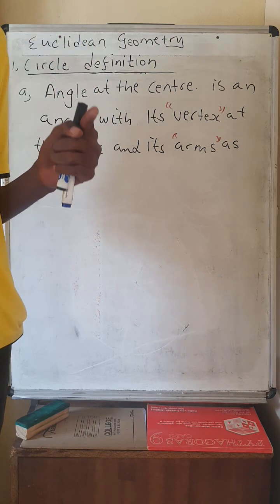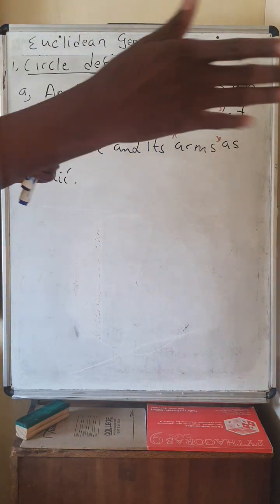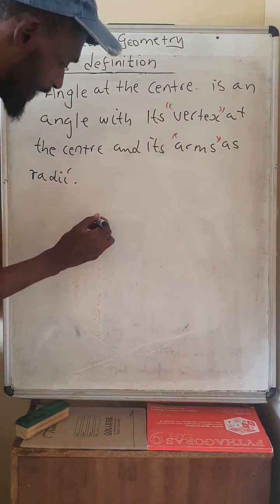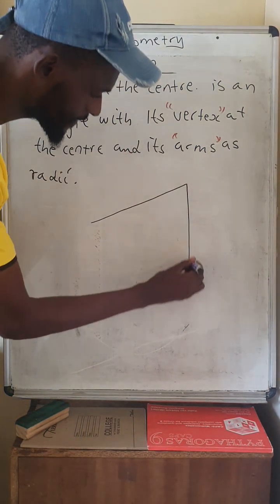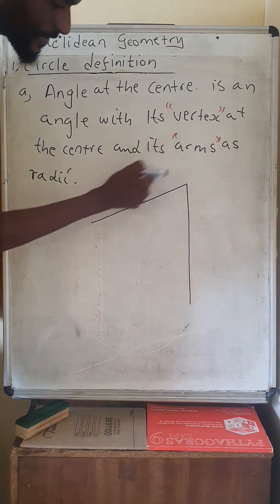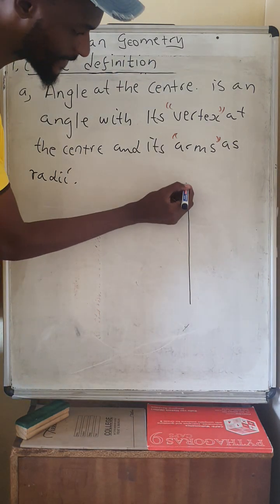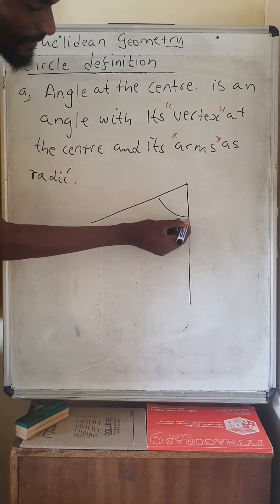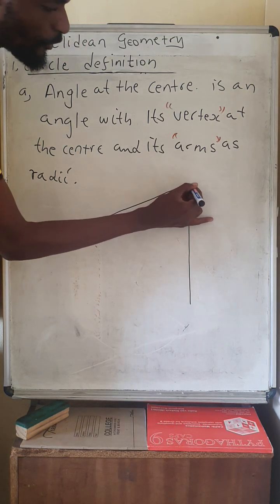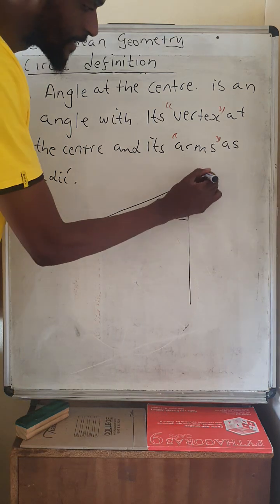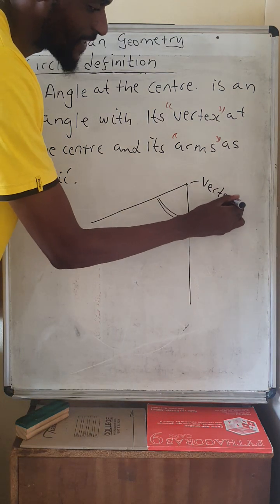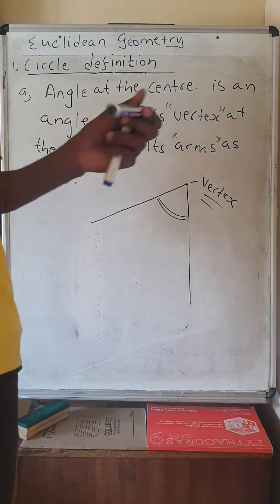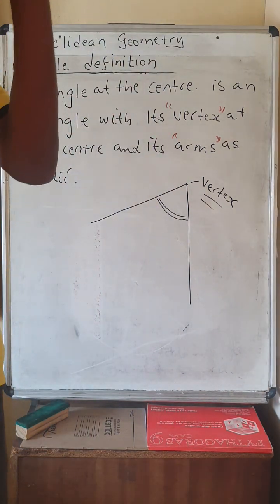And then the space inside will become what? An angle. For instance, if I draw a line like this, you can see these 2 lines are intersecting here. Therefore, the angle will be formed. This becomes what? Our angle. And the point where the lines are meeting is called what? A vertex.